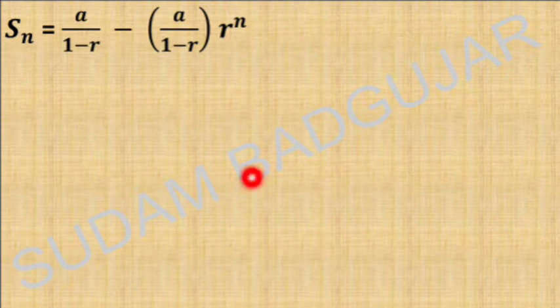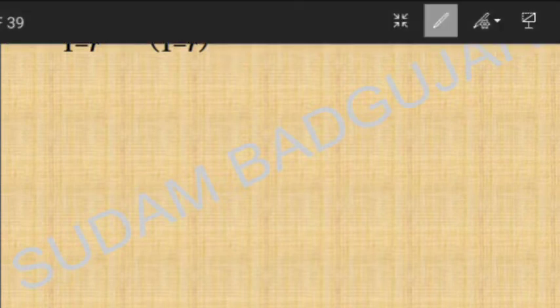What is R? R is a common ratio. If R is less than 1, then the value of this second term depends on the value of R raised to n. If n is very large, then this becomes very close to 0. Okay, for example, suppose R is equal to 1 by 2.